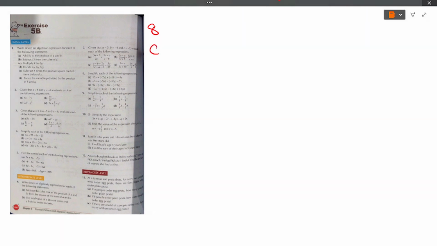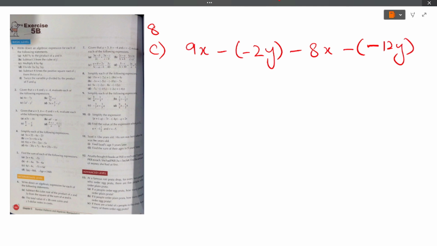Okay, we have the C part now, and the C part tells us 9x minus into minus 2y minus 8x minus into minus 12y. Is the question correct? Yes. So, girls, who is going to tell me what we have to do first?